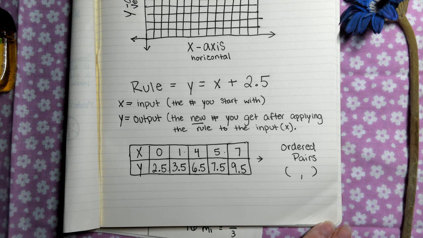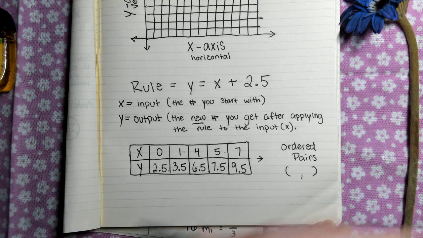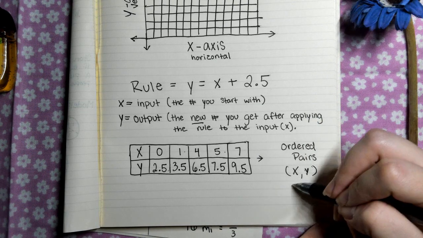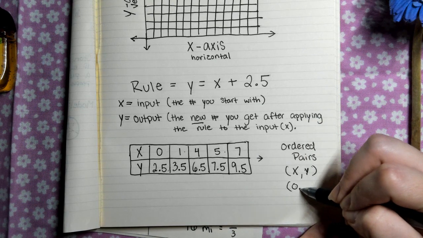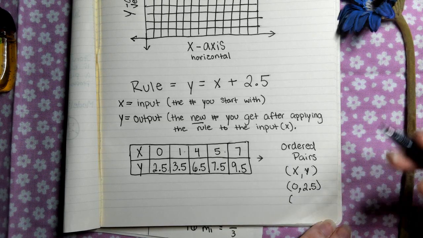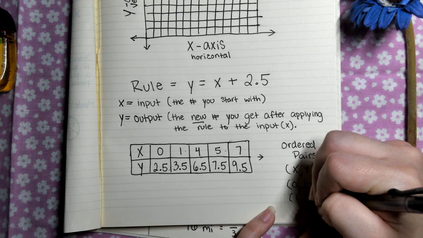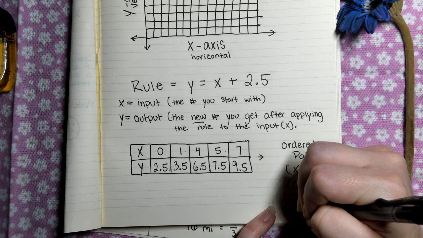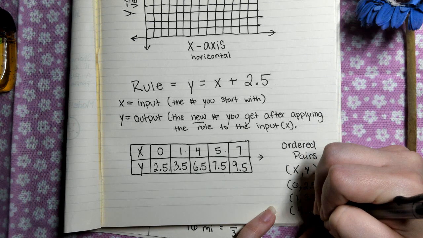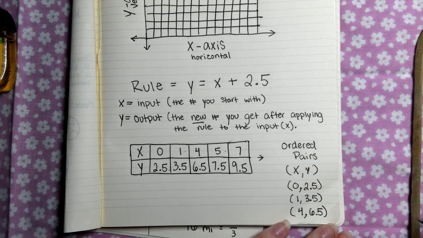Those are what ordered pairs are. So you just match the x and the y together. 0 goes with 2.5. X always comes first and y always comes second. So 0, 2.5. Then the next one would be 1 and 3.5. Those match together. 1 and 3.5. Then the next would be 4 and 6.5. So on and so forth.